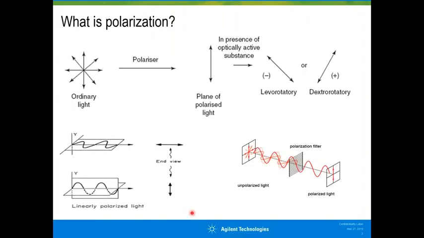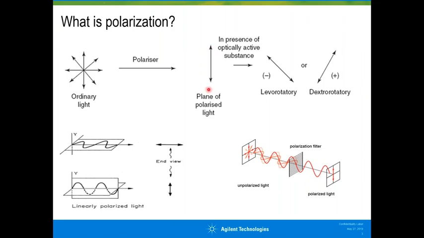Let's start with the most important topic. What exactly is polarization? According to the wave theory of light, an ordinary ray of light is considered to be vibrating in all planes, especially at right angles to the direction of propagation. If this light is passed through a Nicol prism or a polarized filter, the emergent ray has its vibration only in a single plane.